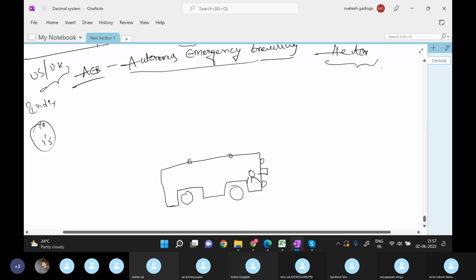Here also there will be sensors. Actually, these are not sensors, they are radars. This guy is the camera. This is also a radar. This is an ultrasonic sensor. This also is a radar.